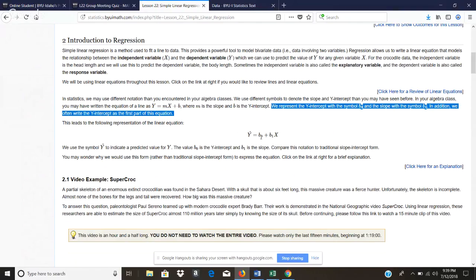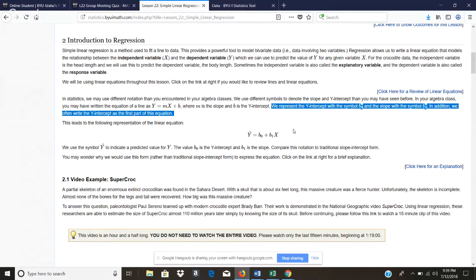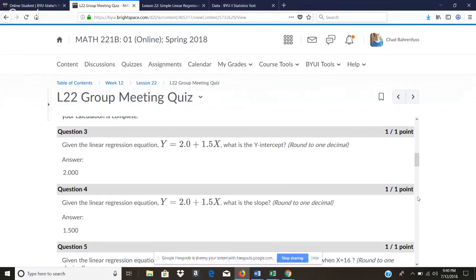So 2.0 would be the y-intercept, and 1.5 would be the slope in statistics. Statistics uses the linear regression equation differently than algebra does.